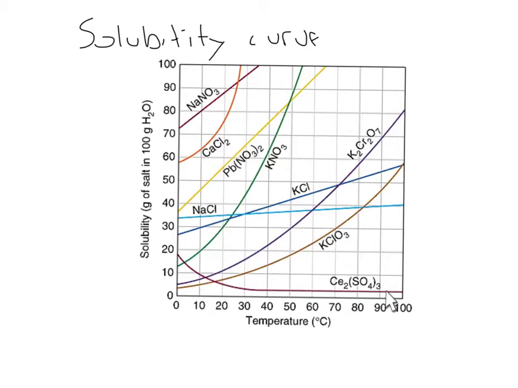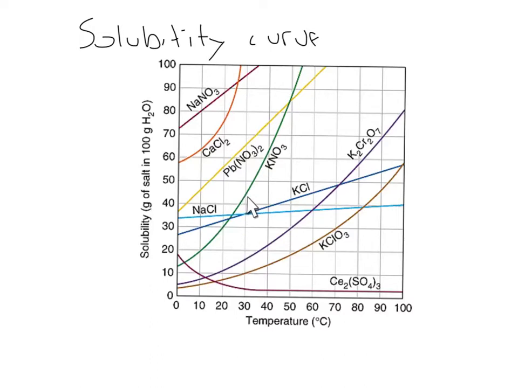And the last thing here, and then we'll be done, is how you could use this to make a supersaturated solution. Let's make a supersaturated solution of potassium nitrate, the green one here. Let's say that we have water at 30 degrees. We can only add 42 grams of potassium nitrate to 100 grams of water at 30 degrees.